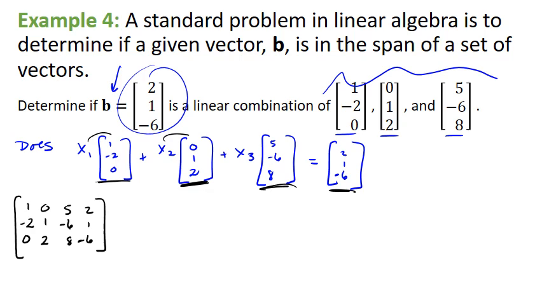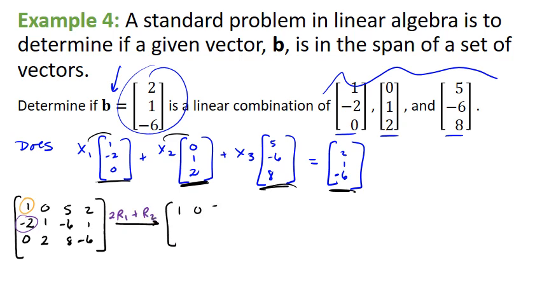Okay, so we're going to row reduce and see what happens. We're in good shape because my very first entry is a 1. So that is a pivot. Remember, everything below that also needs to be a 0. So the first thing I'm going to do is change this. I'm going to take 2 times row 1, add that to row 2, and this is going to become my new row 2.